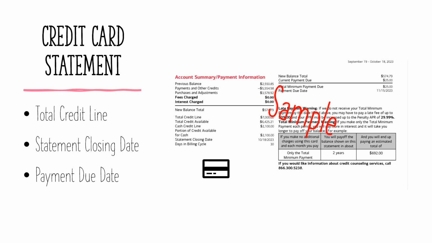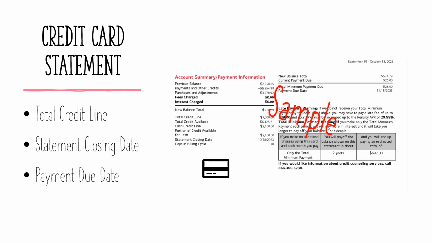Now, in the previous statement, with the previous balance of $2,550.85, that payment, whether it be the minimum payment due or any payment, would have been due probably October 15th, 2023. So there is a 3 to 4 day difference between the due date and the statement date.